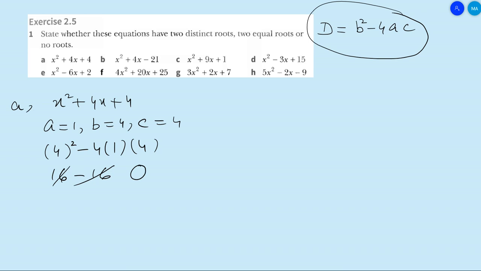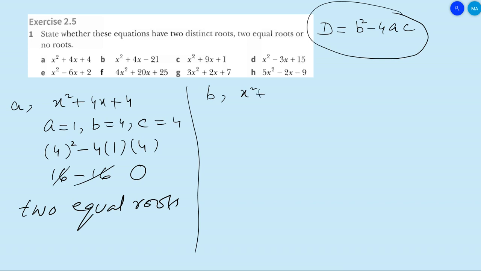So what I told you, if our answer of discriminant is 0, then we have two equal roots. Come to part B.